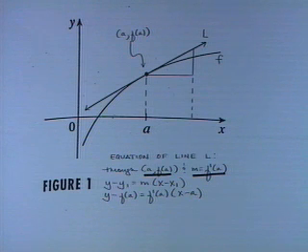So the slope of the line is the first derivative at A. Everybody feel comfortable with that? So we have a point, A comma f of A, and the slope of the line L is the first derivative of the function, whatever that function might be, at A, and then we can generate the equation of the line.